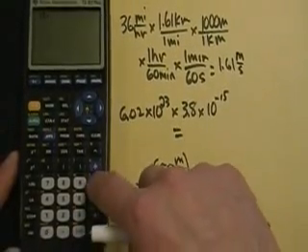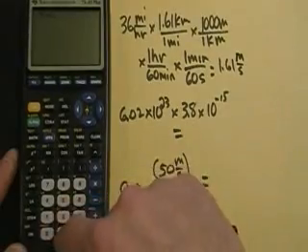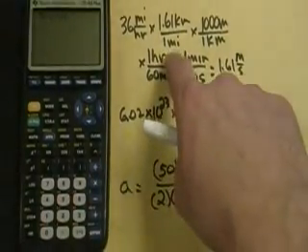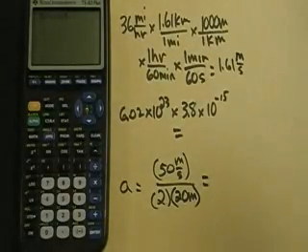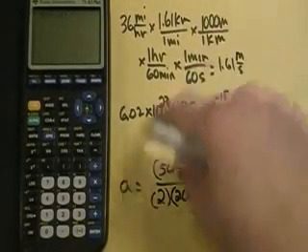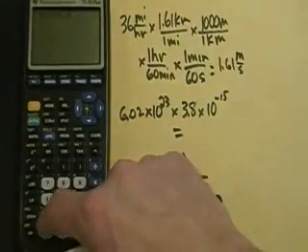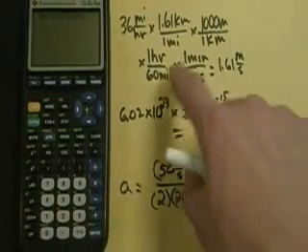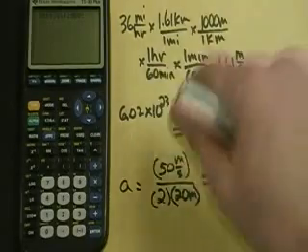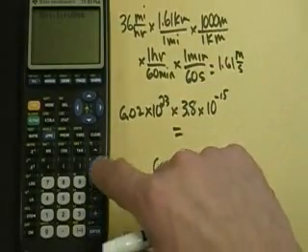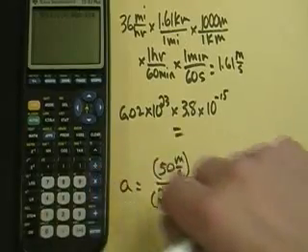I go 36 times 1.61. I would then divide by 1 mile, but I don't need to because it's just 1. So I'm going to skip that. The next term has 1,000 on the top, so times 1,000. And then the next term has 1 on the top and 60 on the bottom. I can skip the 1 because it's just times 1, but divided by 60 because it's on the bottom.